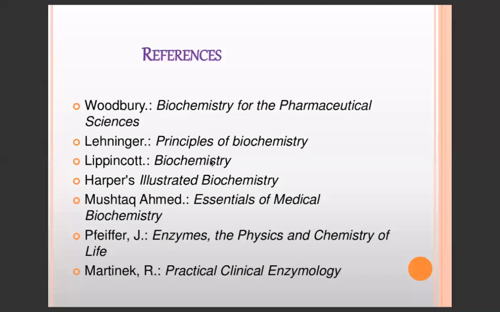Yes, prostate carcinoma is a disease of old age, in which we can check the acid phosphatase level of that patient. If it is increased, we can suspect that the patient has prostate carcinoma. Yes.